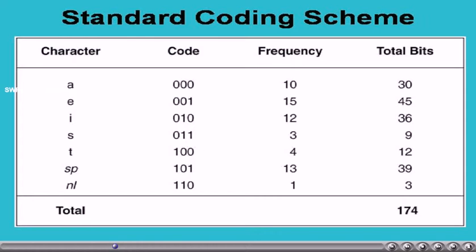If we assume like this and code the data, then we require in total 174 bits. That is, a total of 58 symbols are there. For any symbol, we are planning to use 3-bit length codes only. Thus, 58 into 3, that is 174 bits, are required to code this.